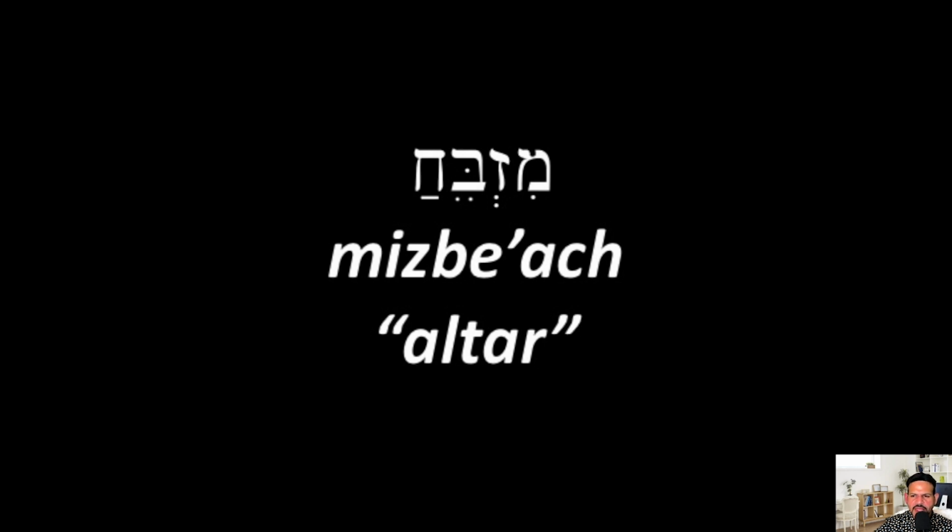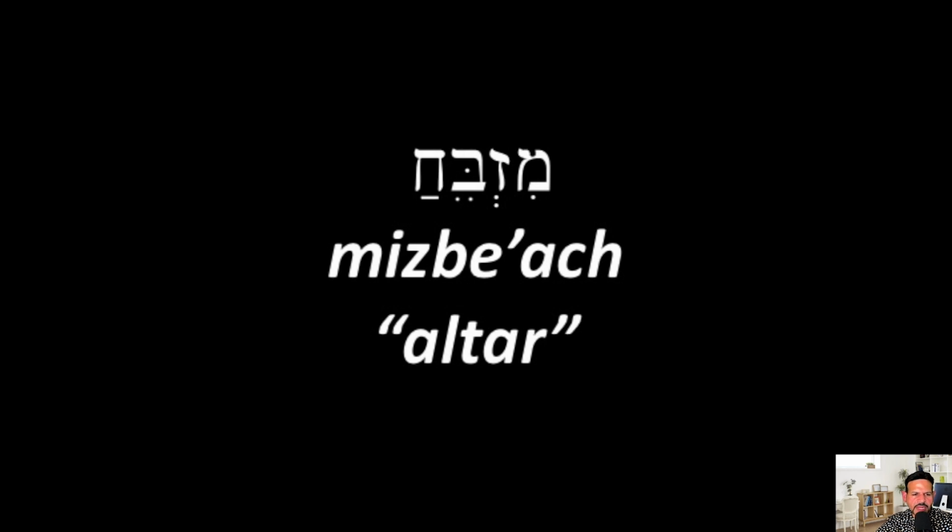The actual ah sound sounds before the ch of the letter chet. It's called a furtive patach, mizbeach. So you have to pronounce the end ah, not cha, mizbeach. What is that? The altar.